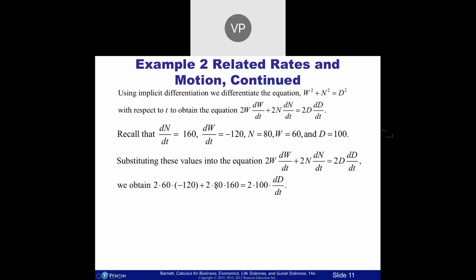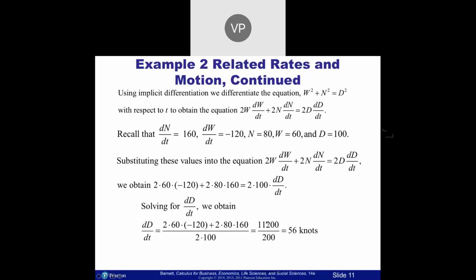We plug in all those numbers, and now we divide, and right here on the right, notice this is a 200, this 2 times 100. So we divide all of this by 200. We get 11,200 over 200. We get our 56. That's telling us how fast the distance between the planes is changing.